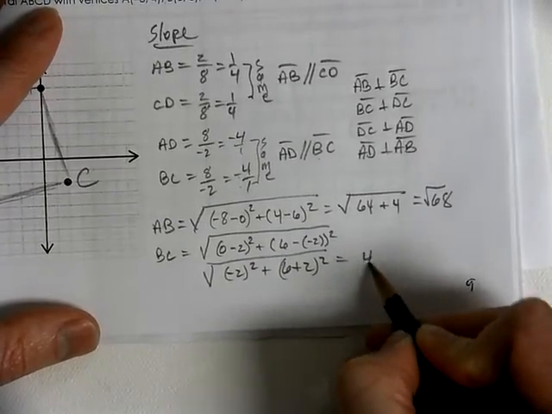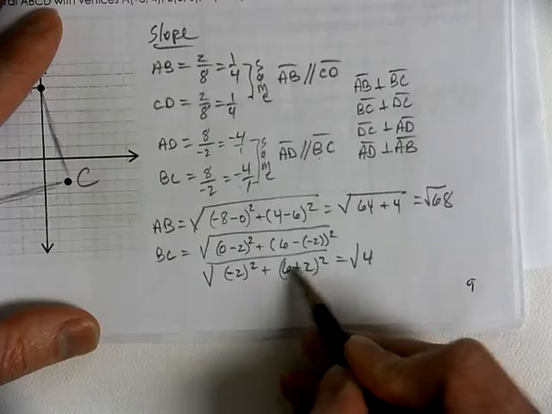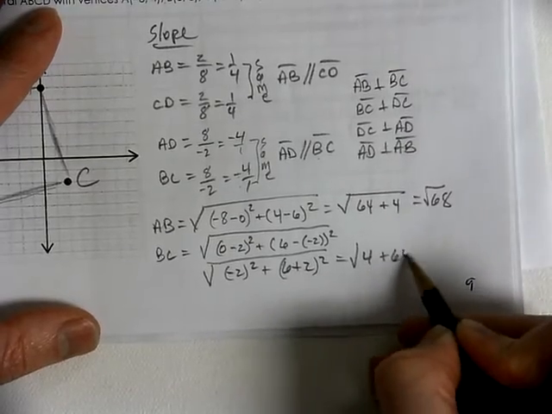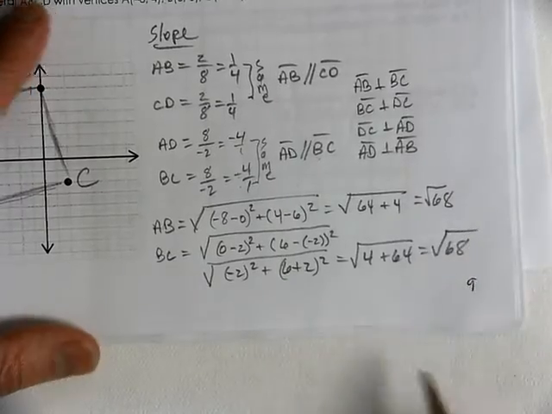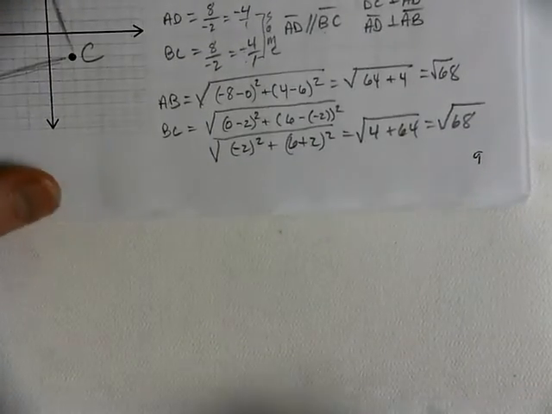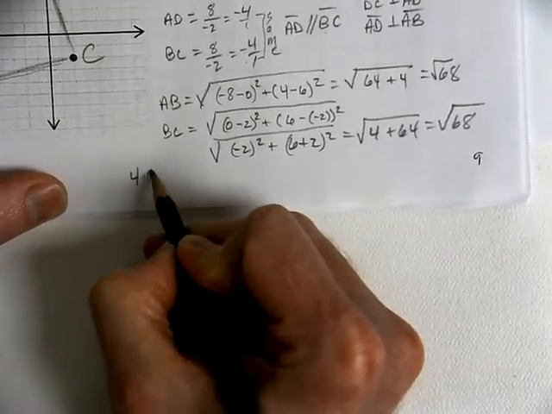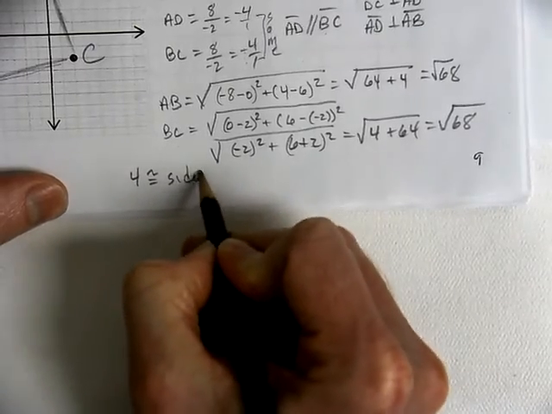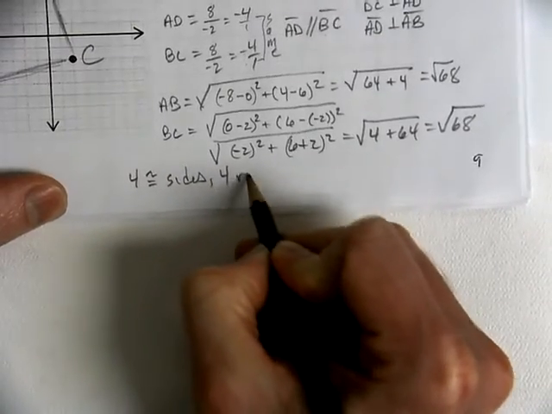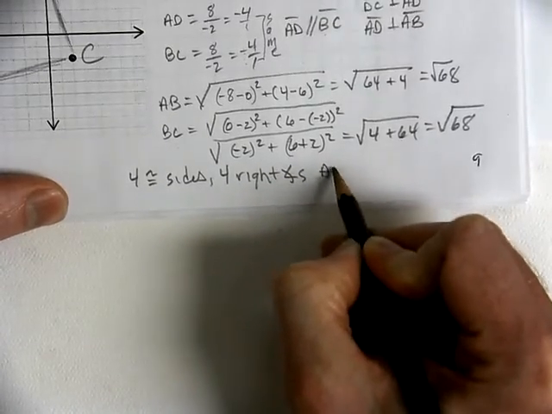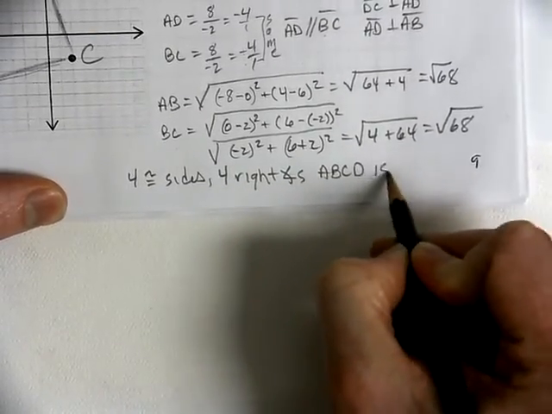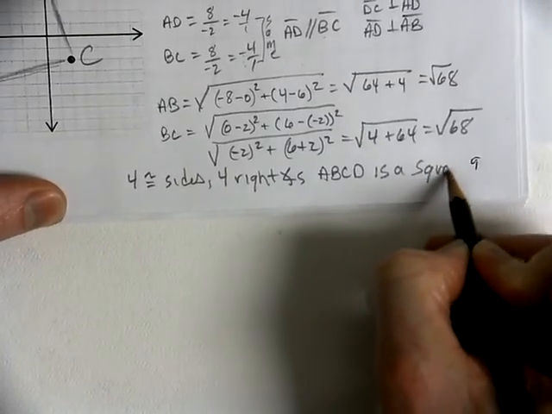Square a -2, you get 4. Square 8, and you get 64. And look at that. Square root of 68. 4 congruent sides, 4 right angles. ABCD is a square.